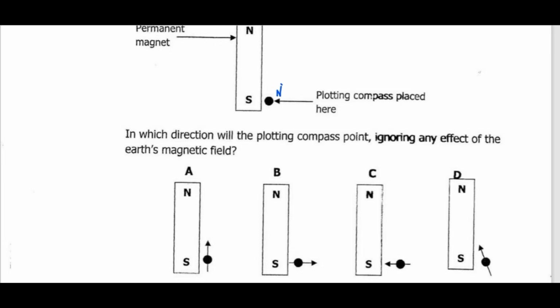Since this point is the one in contact with the south pole of the magnet, we are expecting to have attraction here. So if this is the attraction, the answer is C. My point is we are not going to have a deflection because our compass will still remain in that direction because of the force of attraction.